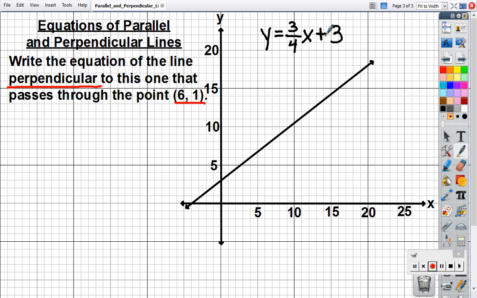All right, so hopefully at this point you've now tried the problem on your own, and you're ready to see if your solution is correct. So, again, I'm going to write y equals mx plus b. In this case, I know that my slope is the negative reciprocal. So perpendicular slopes are negative reciprocals.